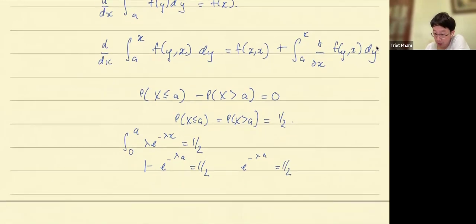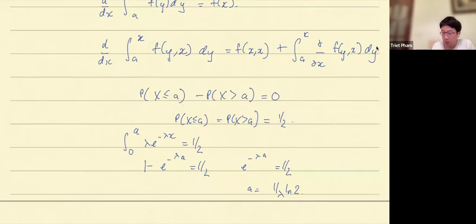Taking log on both sides, remember, log of 1/2 is minus log of 2. You get a is 1 over lambda log of 2. So this value is not super important, but notice that it's nothing like midway. There's nothing like midway of an exponential. The exponential has infinite support.